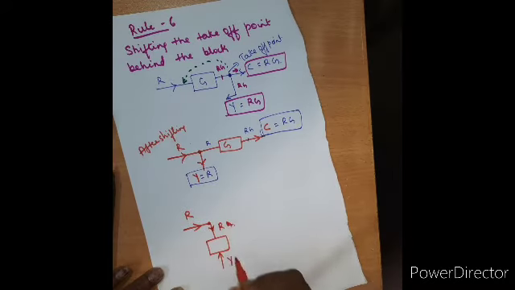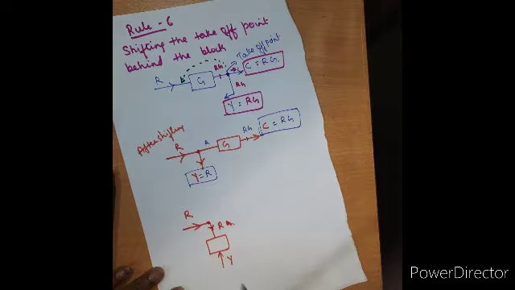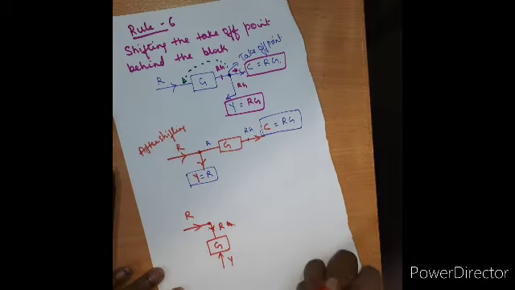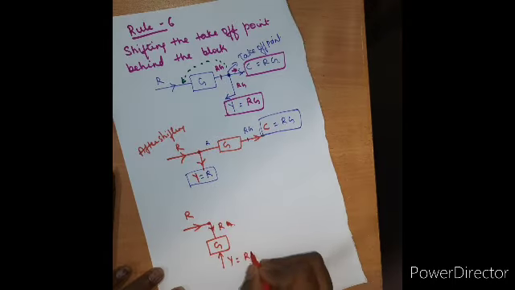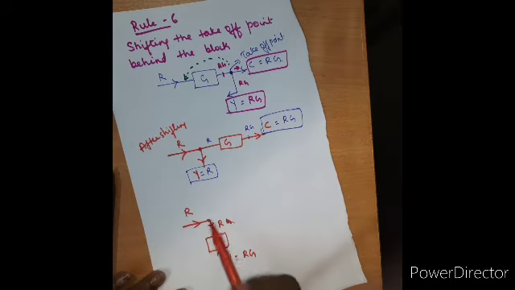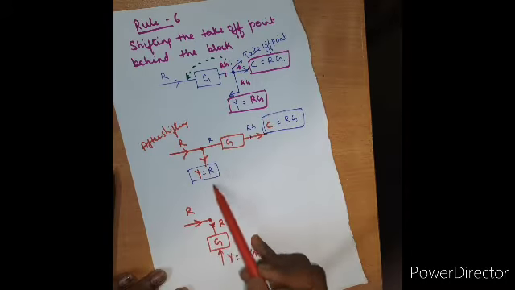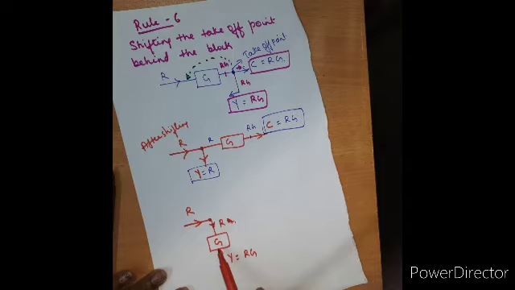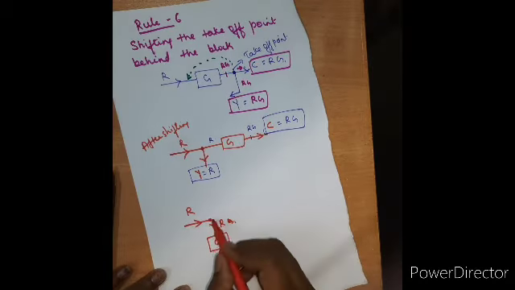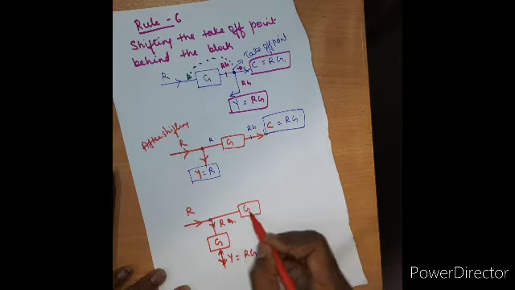So what I have is, R is coming over here. It should get multiplied by G. Then the output is R into G. So this output is now going to get multiplied by a block of G in order to get this output. Then rewrite the other thing as it is.